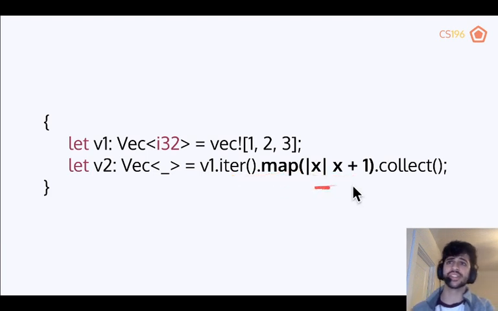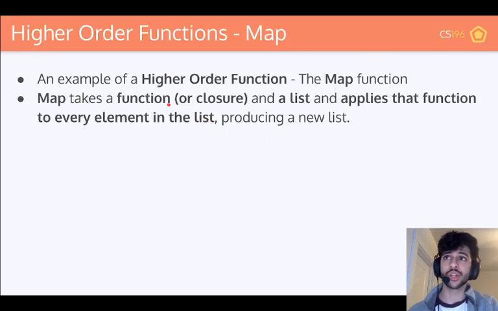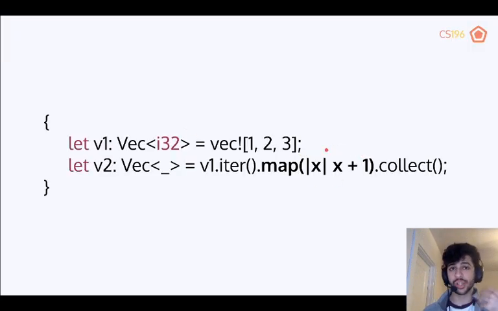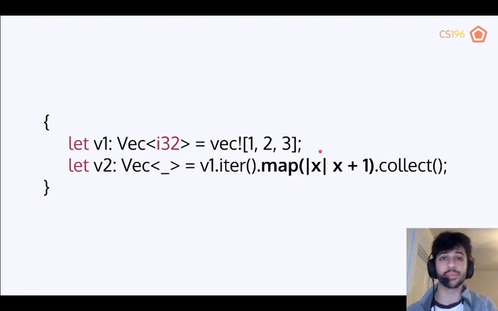And let's take a look at the syntax here. First, I want to focus your attention on map. We said that map takes a function or a closure and a list and applies that function to every element in the list. So what does this closure do? Well, this closure by itself is very, very simple. We know that this will take in a value and add 1 to it. That's all it does. And so map will take this function and apply it to every single element of this list.